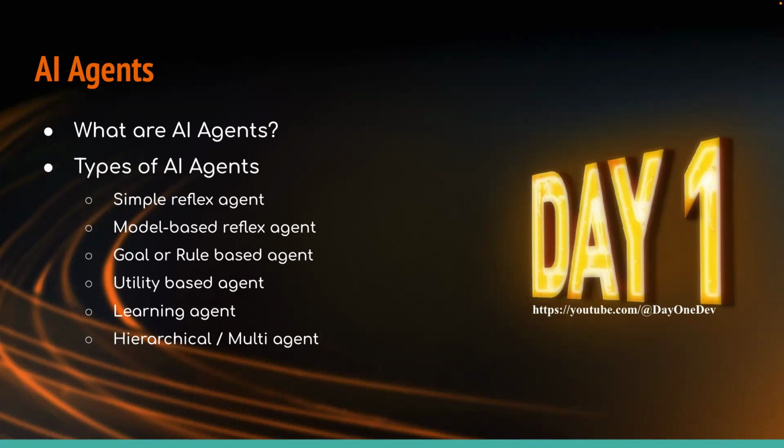Let's say there's a lot of distributed decision making you have to do. That's where hierarchical or multi-agent systems are used. So each type excels in a different context, from simple automation to complex decisions. And we're also going to talk about a few comparisons of which scenario each might be useful in.